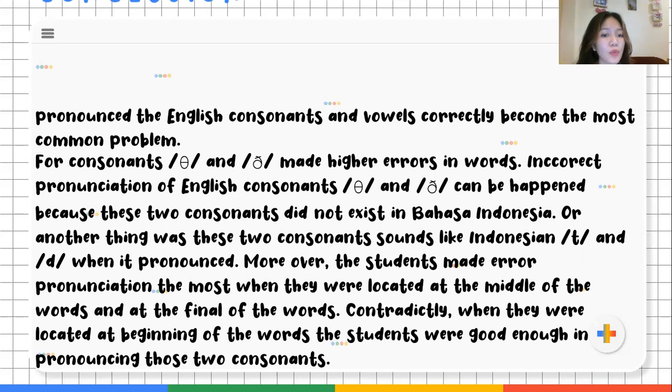Another reason is that these two consonants sound like Indonesian T and D when pronounced. Moreover, the students made the most pronunciation errors when these consonants were located in the middle of the words and at the final of the words. Contrarily, when they were located at the beginning of the words, the students were good enough in pronouncing these two consonants.